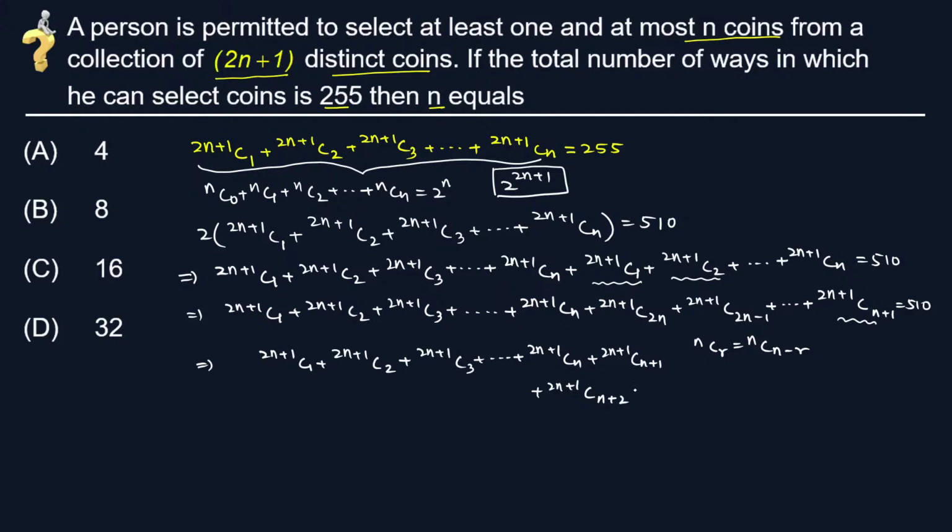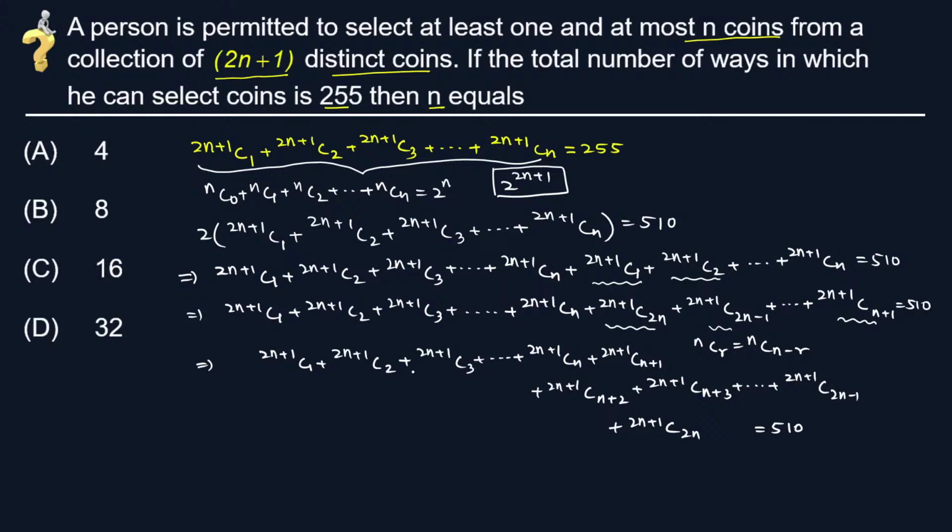And again, before that we will have 2n plus 1 Cn plus 3. And this thing goes on. And the last term will come, but before that, this term will come: 2n plus 1 C2n minus 1. Then we will have 2n plus 1 C2n. Are you getting my point? Which is equal to 510.